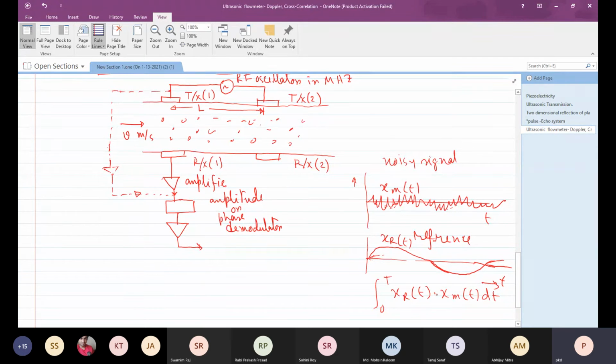If we take the dot product of a sinusoidal component with another sinusoid of different frequency, that will vanish because they are orthogonal. Two sinusoids of different frequency are orthogonal to each other. So if I take the dot product of that, they will vanish. So only the component at the reference frequency will remain.